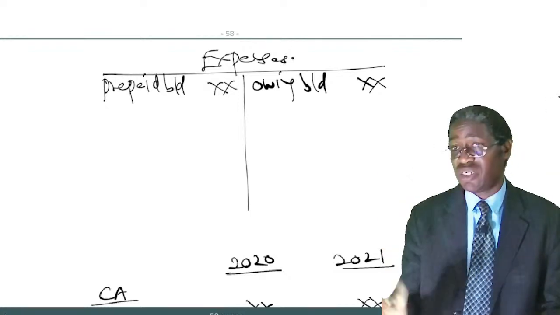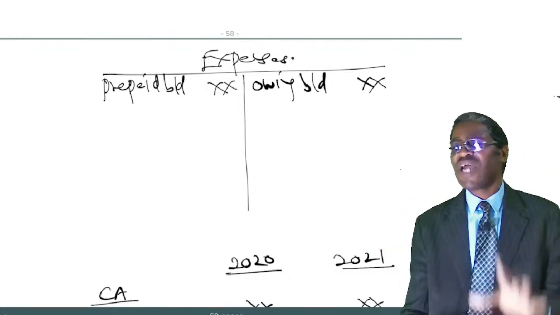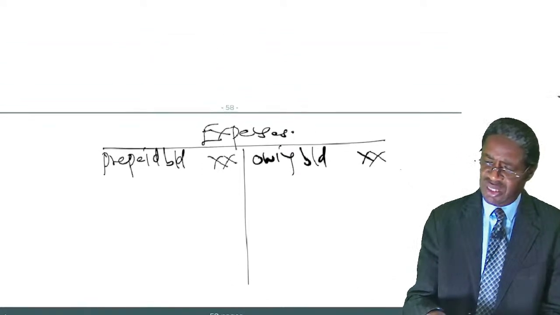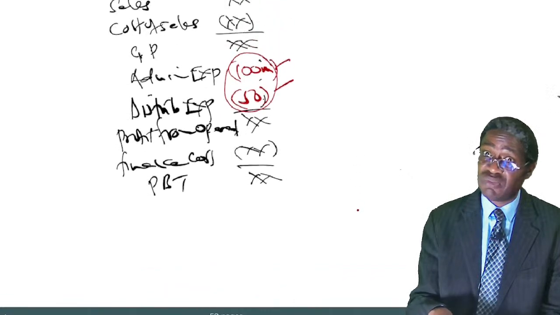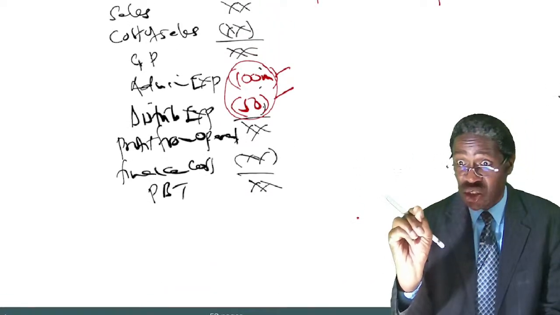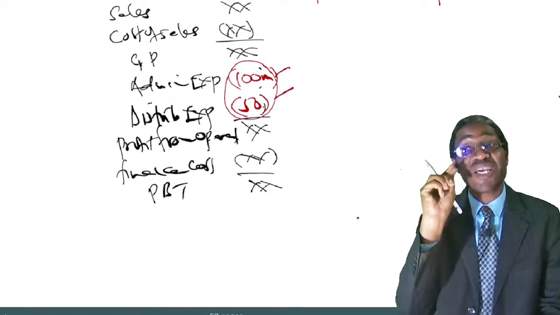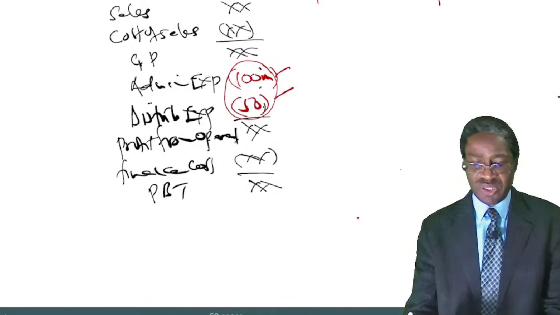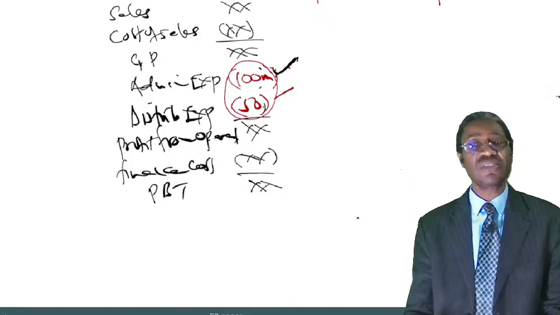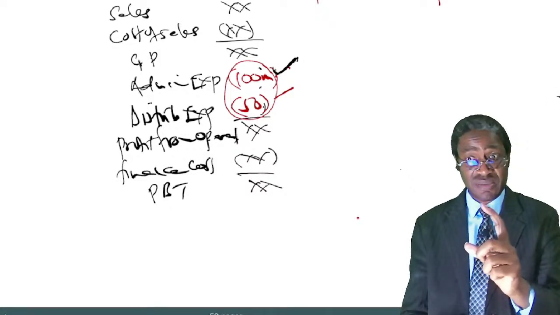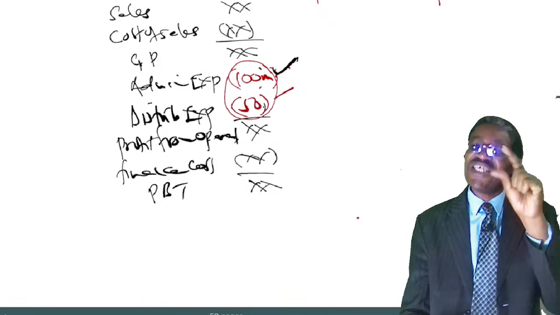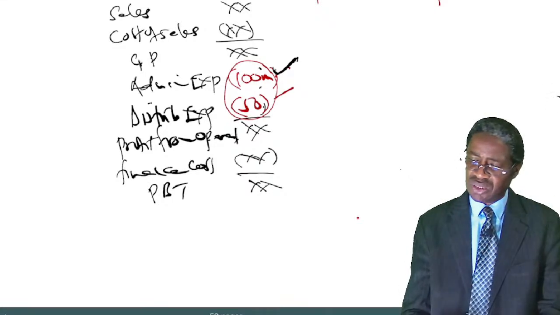Listen. That means once you bring down the balance, like I brought down for debtors, like I brought down for creditors, now I go to the income statement that the examiner has given me. I go to the income statement and pick the charge for the year. I pick the charge for the year for expenses. Like for example, I can see admin, we charged 100. Listen. That amount has been deducted in the P&L account.